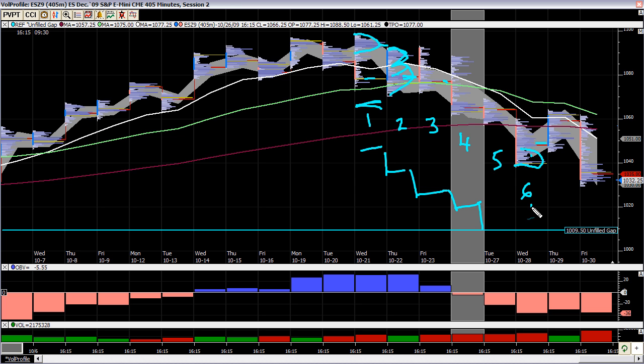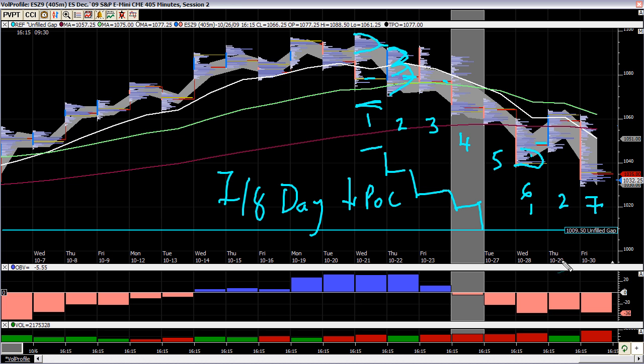So that was one day up, that was 2 days up, and then this day we needed a third day to get above there to say that we'd seen the bottom, but we haven't. So we got 7 on the way down. So now we've got 7 out of 8 days with lower point of control. That's a fairly good downtrend in my school.